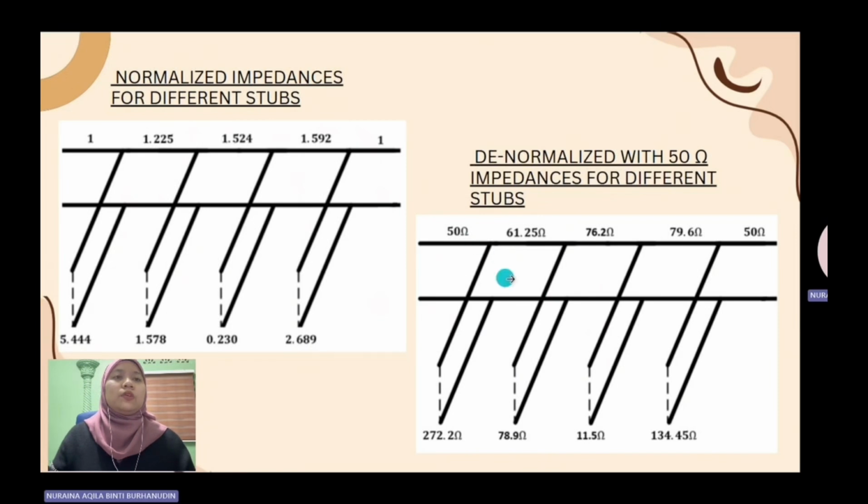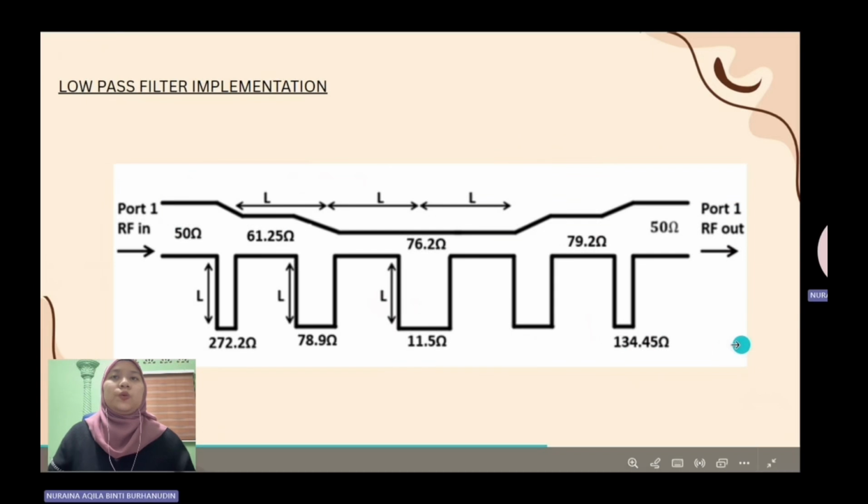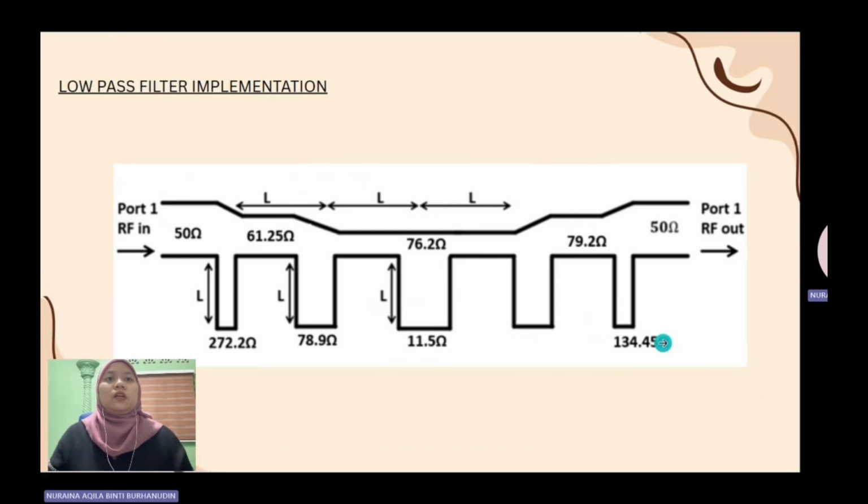So after we multiply with 50, we will get this last circuit for denormalized. And then we put the numbers into the low pass filter implementation for the last circuit.